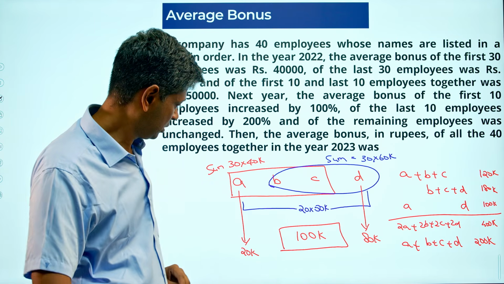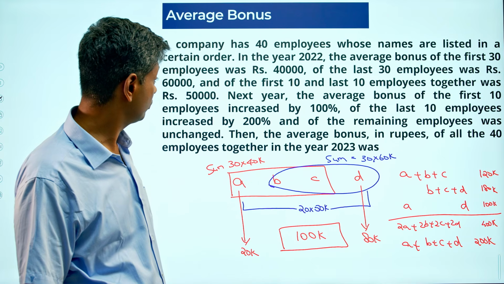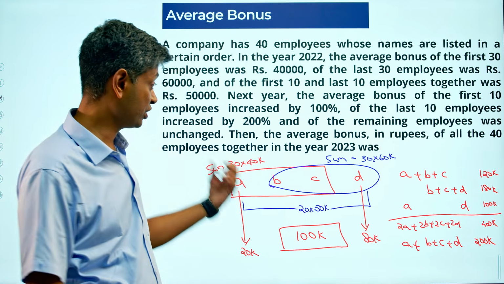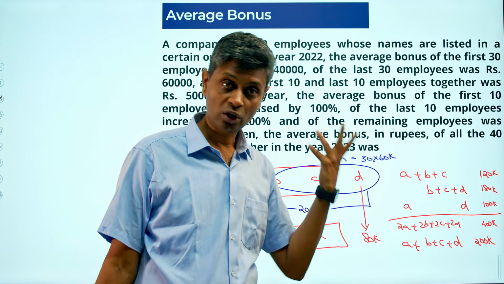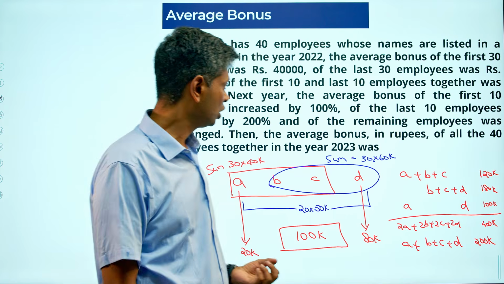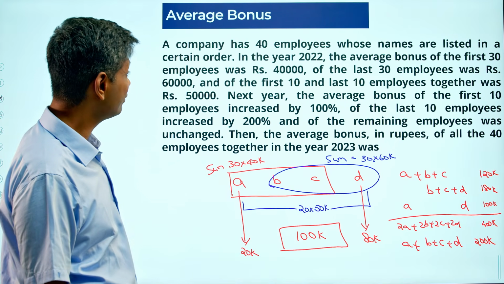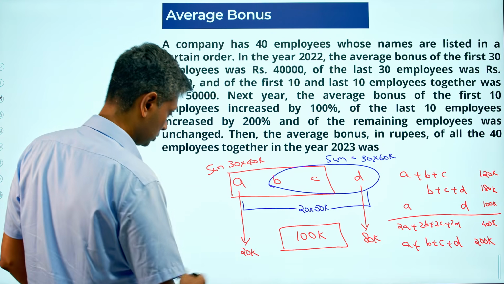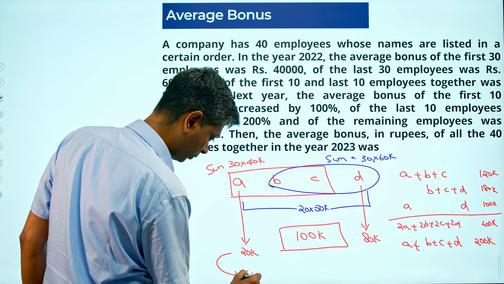Nice. Now let's think about this. The question doesn't stop with this, not saying what is the average of the first 10 or the last 10 or the middle 20. Right? The question says the average bonus of the first 10 employees increased by 100%. So this goes to 40K.